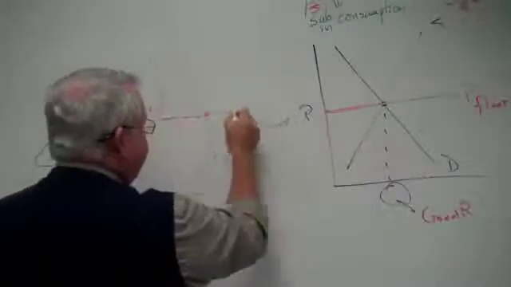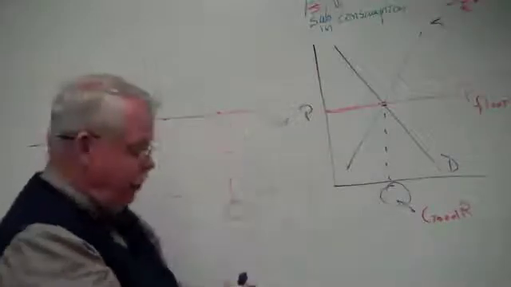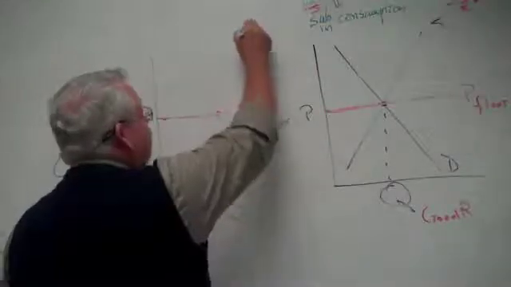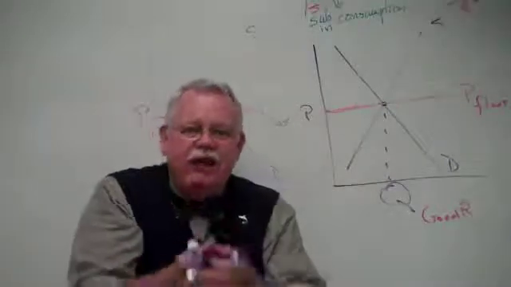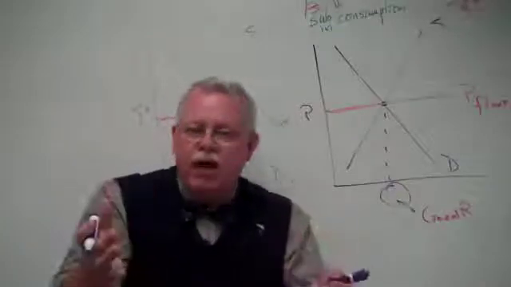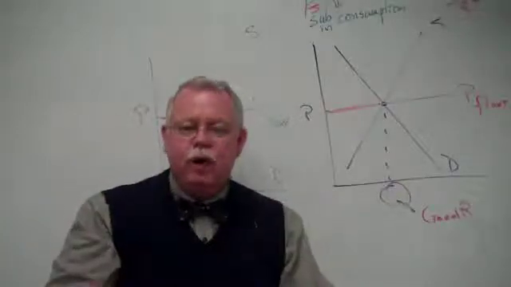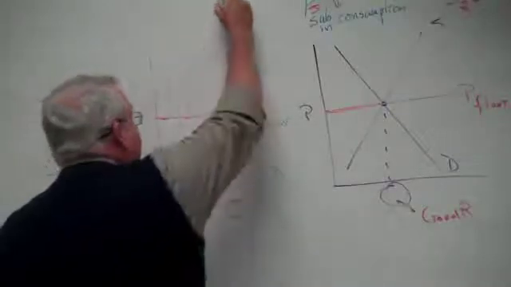But now this is a price floor. And now we put a tax on the sellers, right? Guess we ought to label these. When you put a tax on the sellers, that is in essence adding to their cost of producing and selling the good. So think of it as an increase in the cost of production. A tax on the sellers will decrease the supply curve.